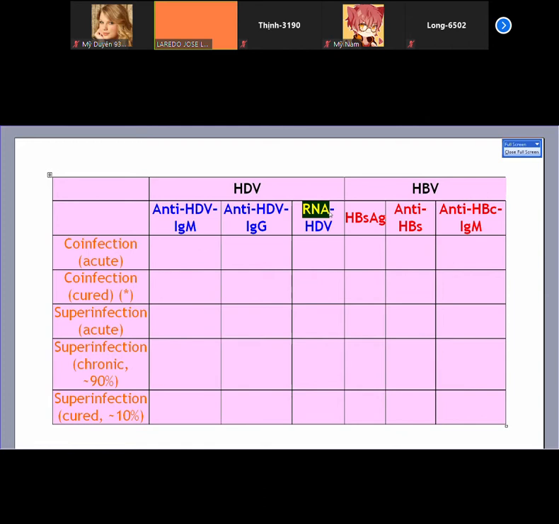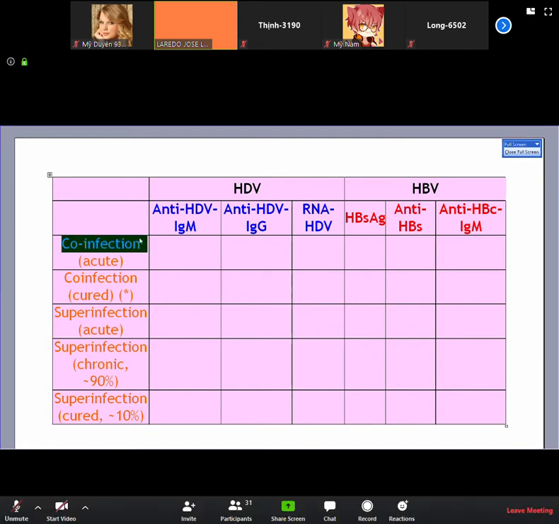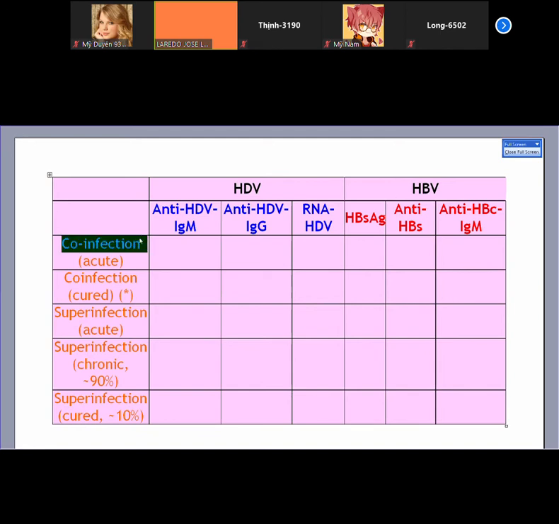So look, patients with co-infection that are infected by hepatitis D and hepatitis B at the same time. How is the profile that we find at the laboratory of microbiology? What about the markers of hepatitis B?